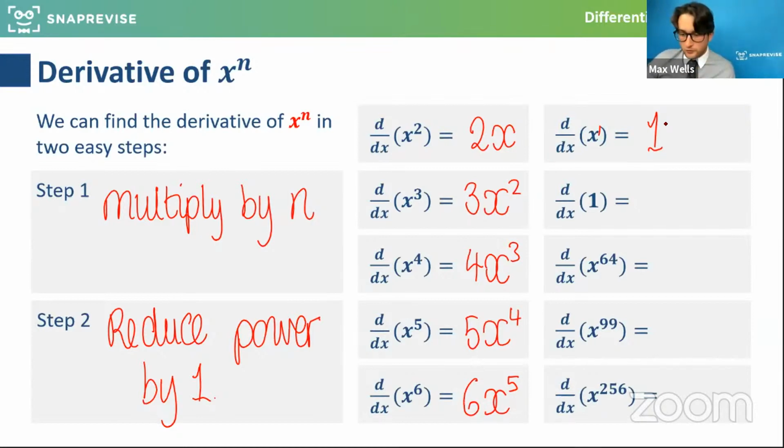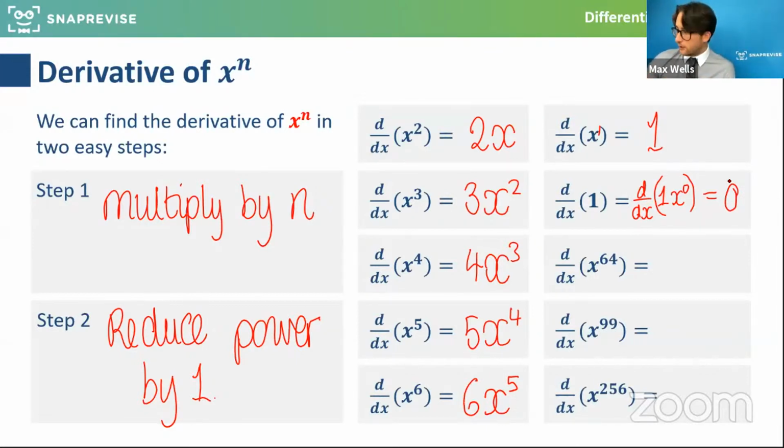Now, a constant like 1, I would think of that as differentiating like 1x to the 0. Because if you're thinking, how do I write 1 as a power of x? Well, it is kind of like 1x to the nothing. Then you times by the 0, it just goes. So if you differentiate a constant, it goes to 0. It's not affecting the gradient. It's not affecting the rate of change.